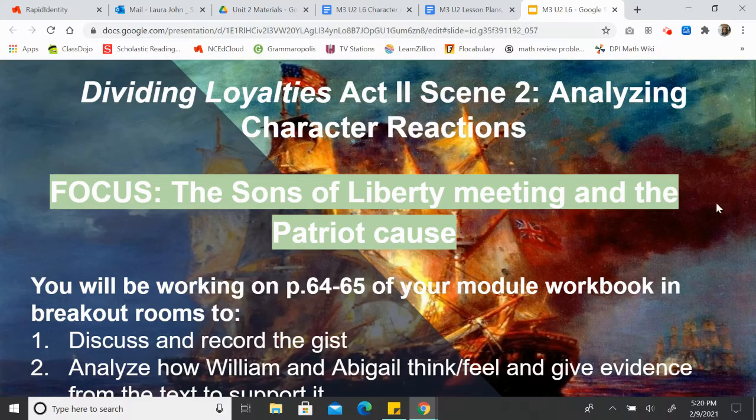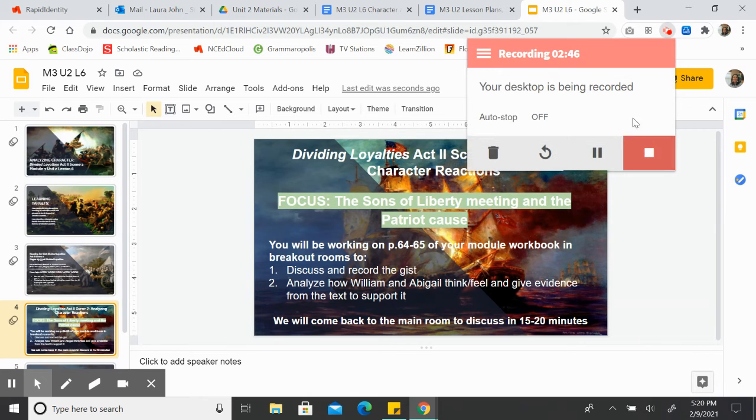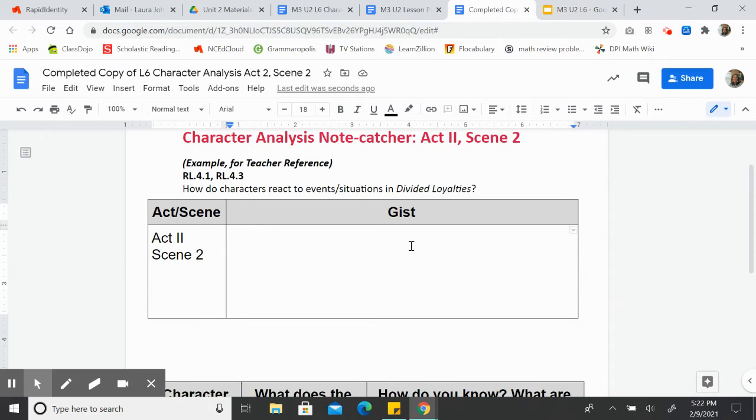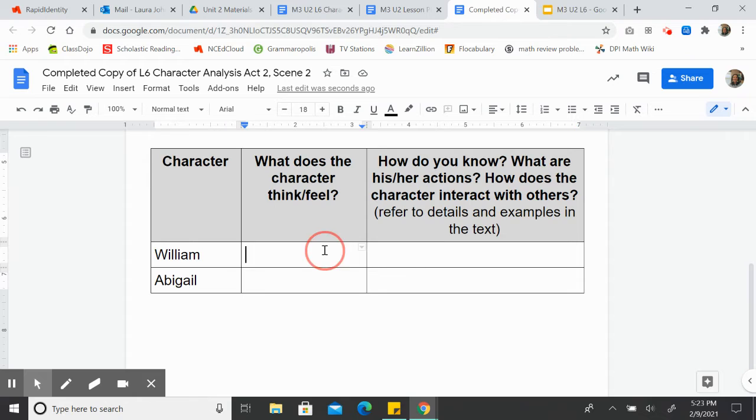So hang on. I'm going to pause you and flip over to it. Hang on. Okay, so this is your note catcher. And again, this is on page 64 of your module workbook. So independently, since you missed class, you're going to need to fill in that gist. And then you're going to need to come down to the bottom.